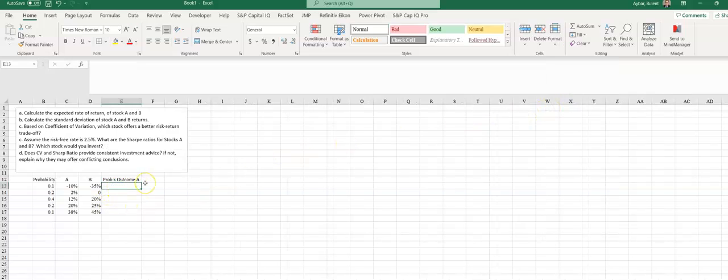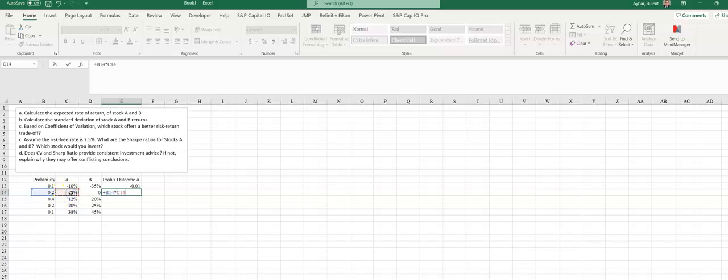And we are now going to pick up the probability of occurrence and multiply this with the outcome. So we captured this particular situation, and then we are going to do the same thing for the second possibility and the outcome.